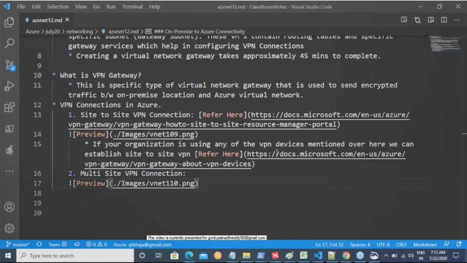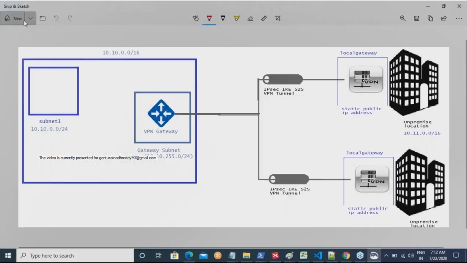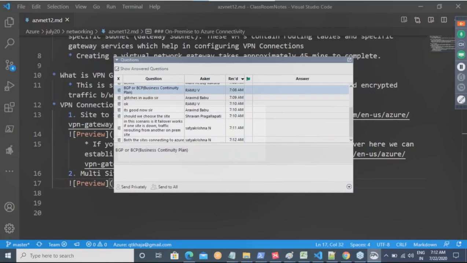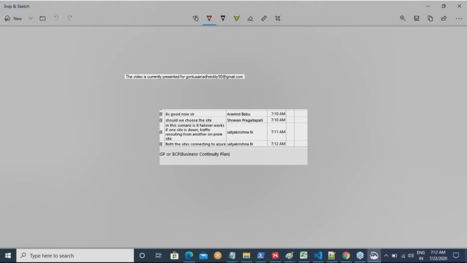Now, if you want to connect to Azure, should it be only one site connecting to Azure or both the sites connecting to Azure? Satya Krishna, my question is to you, both the sites connecting to Azure. So those are the cases where I'll go with multi-site VPN connections. Am I clear on that? It is not for failover.